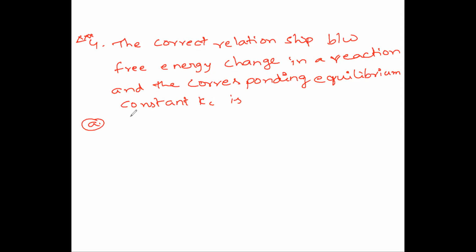It is minus delta G is equal to RT ln Kc. This is not RT, this is RT ln Kc, natural logarithm Kc. Option 2, second option, delta G degree is equal to RT ln Kc.